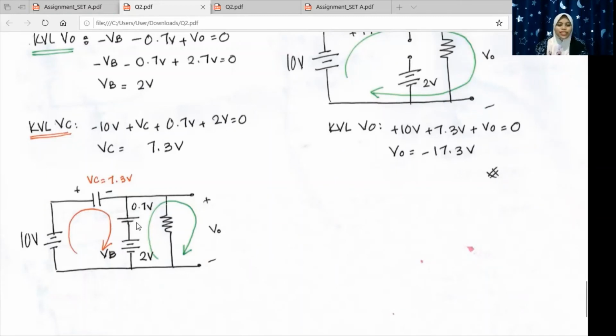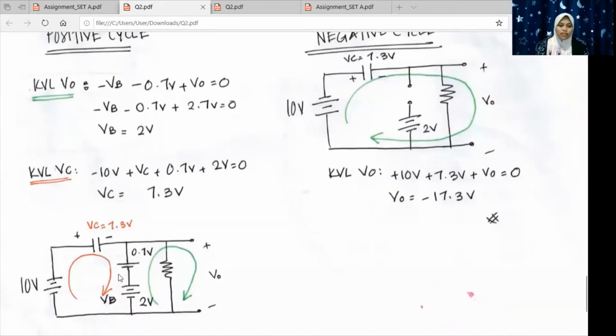The diode will be turned on for the positive cycle. To find VB, the value for the other battery, is by using this green KVL over here. So negative VB minus negative 0.7 plus V out equal to 0.